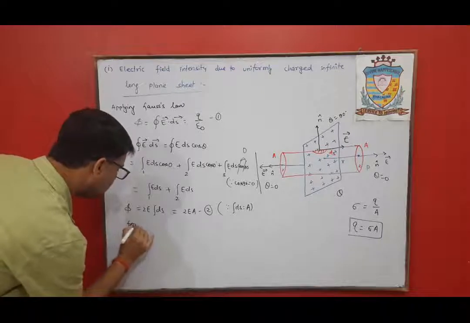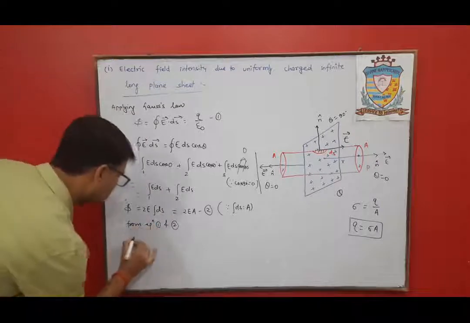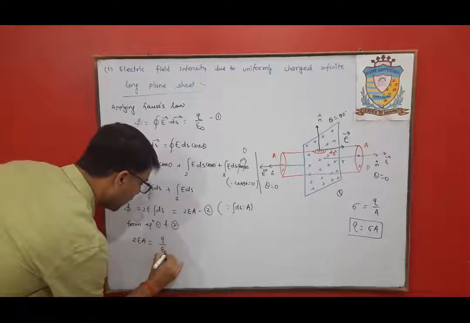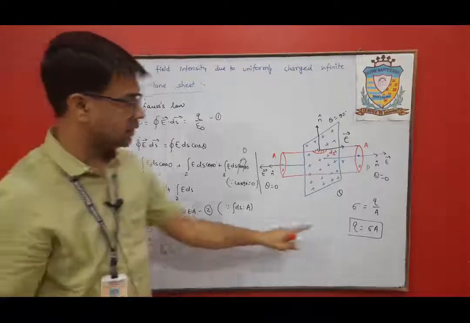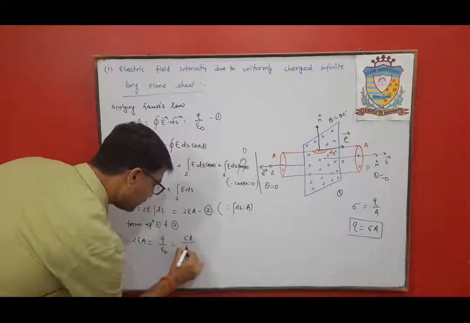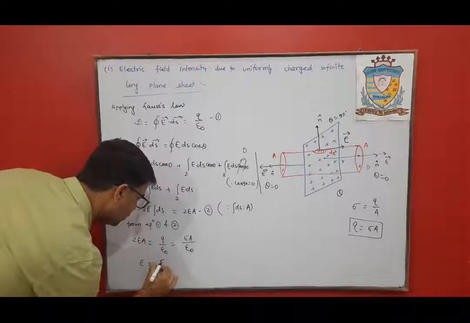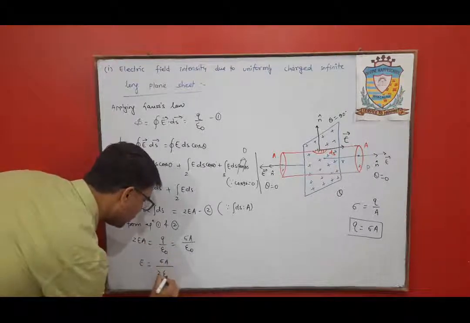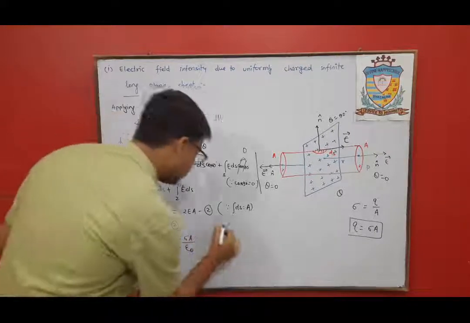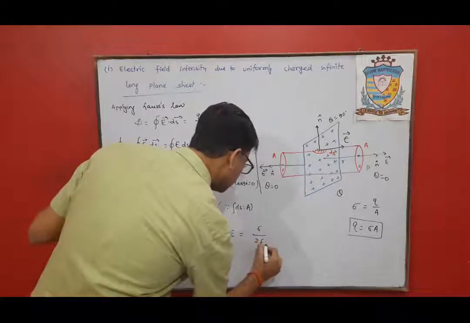Now from equations 1 and 2, 2EA is equal to Q upon epsilon naught, and the value of Q is sigma into A. So 2EA equals sigma A upon epsilon naught, or E is equal to sigma A upon 2 epsilon naught into A. So A cancels out, and E is equal to sigma upon 2 epsilon naught.